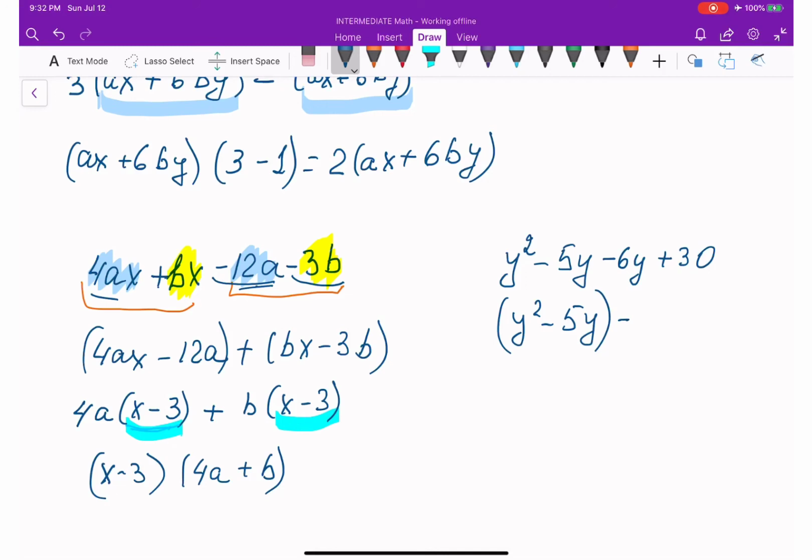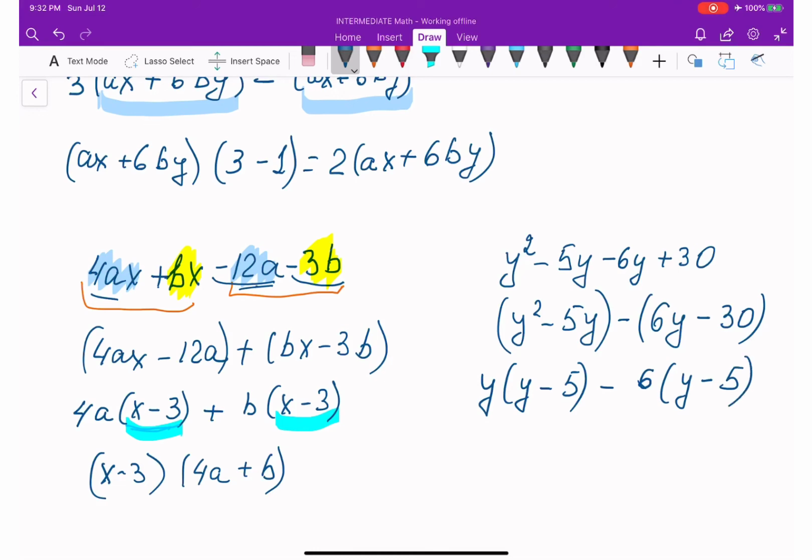Here is negative, so negative 6y will become positive 6y. Positive 30 will become negative 30. So taking common factor, y squared minus 5y, y is a common factor, and we have y minus 5. Minus 6y minus 30, 6 is a common factor, we have y minus 5.